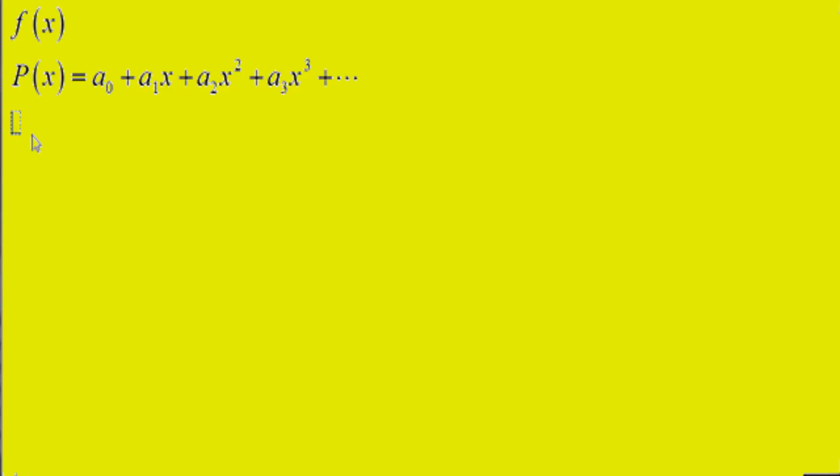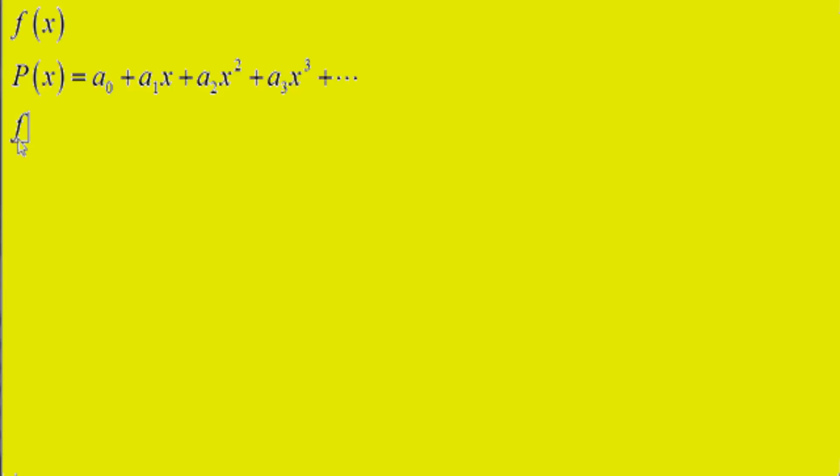If you pick that point to be 0, it's called the Maclaurin series, and if you pick anything else, it's the Taylor series. For the sake of ease, we're going to pick the center at 0, but you'll see at the end that it really doesn't matter where we pick it.